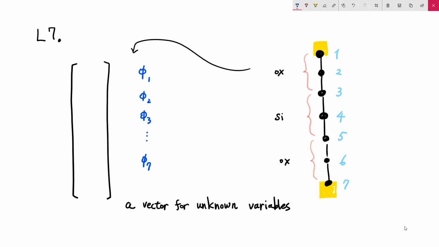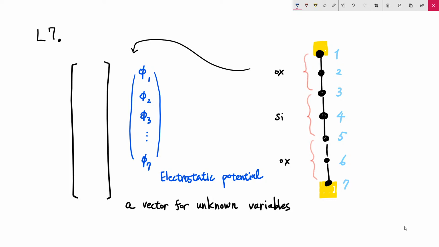So I wanted to ask our students about this description. Now, only for electrostatic potential, I have introduced 7 unknown variables.